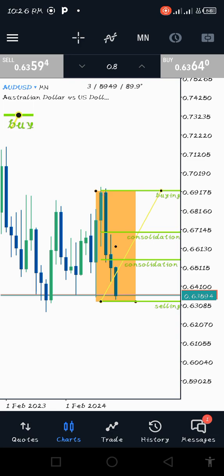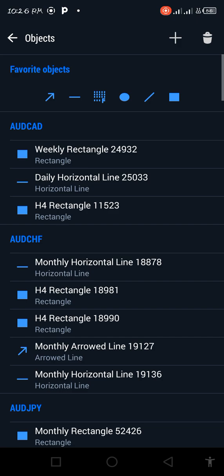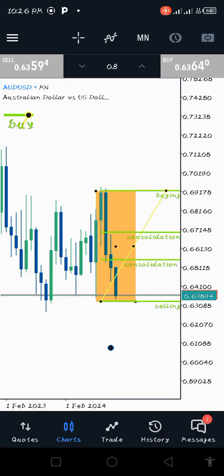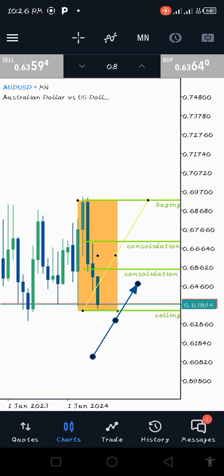We can see where price currently is, in between this line and this line, basically telling us that we are selling. We are looking for much more selling opportunities on AUD/USD until we see otherwise.